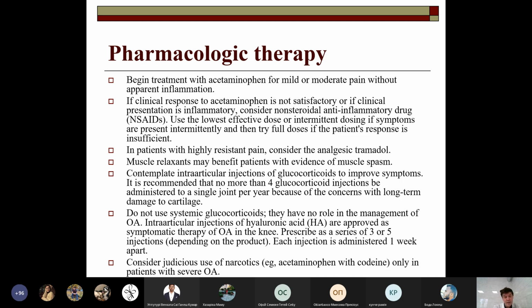And consider judicious use of narcotics with analgesic aim. For these purposes, codeine in combination with acetaminophen can be used generally, and this combination is quite safe with an incredibly good cardiovascular profile.